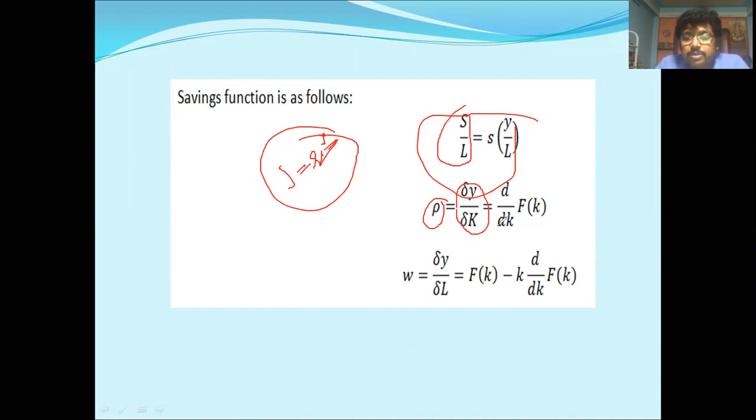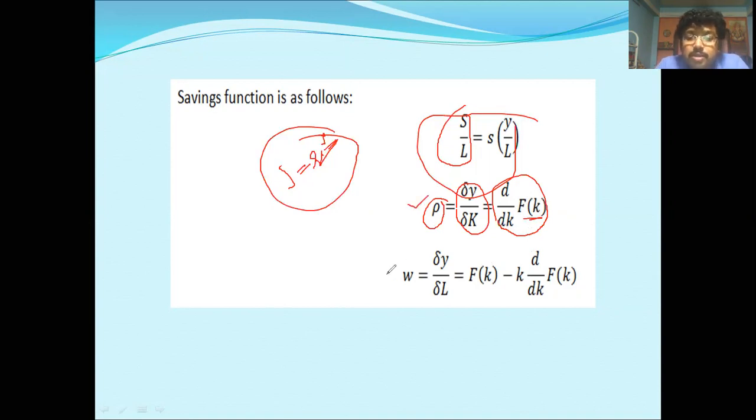And this can be written like this, because small y is a function of k. So d by dk of the labor, capital ratio. So this is the marginal product of capital, then the real rate of interest.